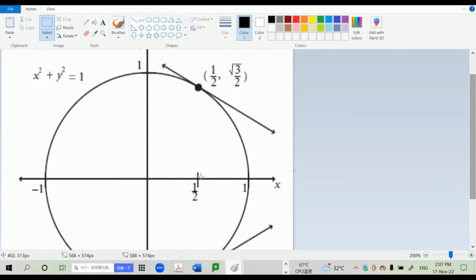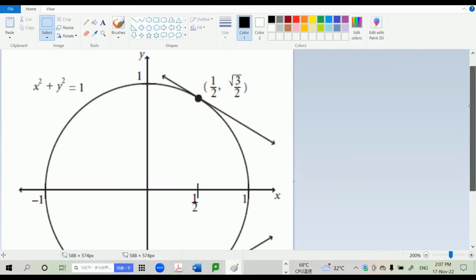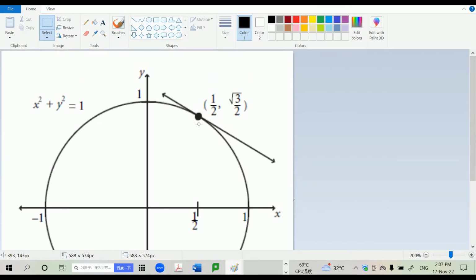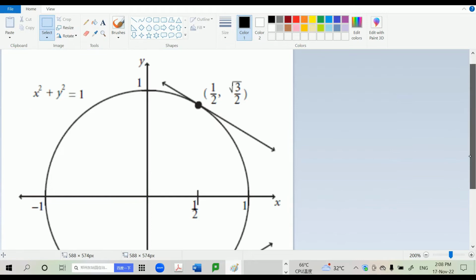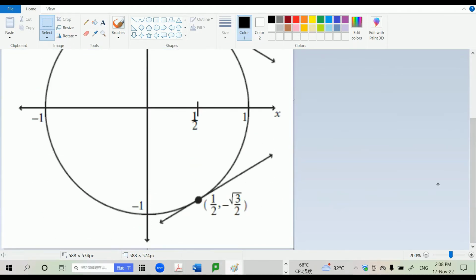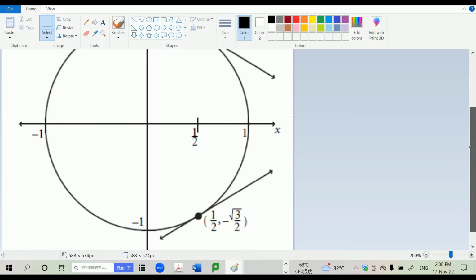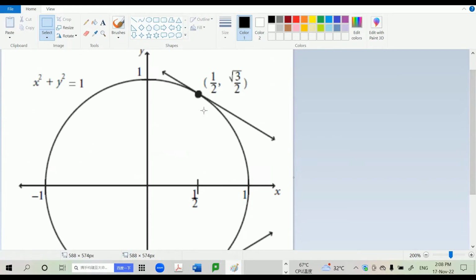But this one x value of 1/2 gives you two y values, one at the top of the circle and another at the bottom. So that is where I have two tangent points, because this is not really a function and it doesn't pass the vertical line test. So that is where x equals 1/2.